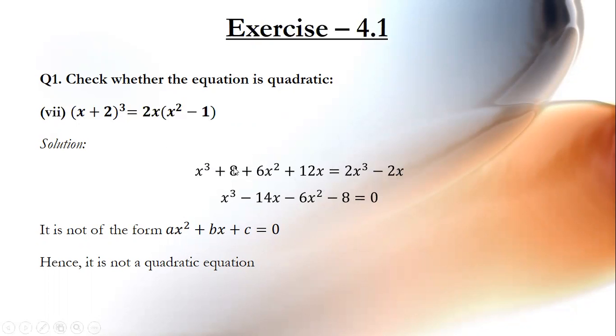Let us solve this. We'll get x cube minus 4x minus 6x square minus 8 equal to 0. Now this is not of the form ax square plus bx plus c. We are having all that, but we are having extra x cube. So this is an equation of degree 3. It is not degree 2. So this is not a quadratic equation.